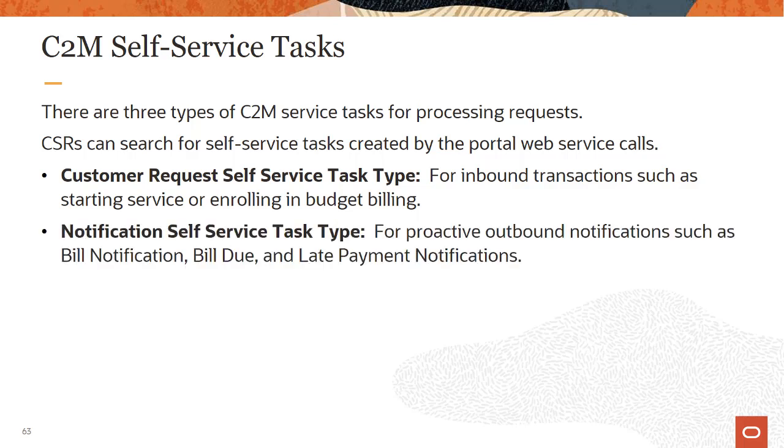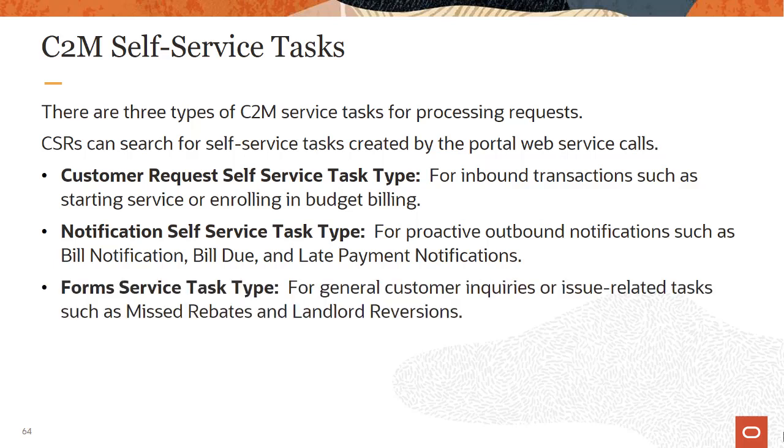Next is the notification self-service task type. This task type is for proactive outbound notifications, such as bill notifications, bill due, and late payment notifications. The third type is the form service task type. This task type is for general customer inquiries or issue-related tasks, such as missed rebates or landlord reversions.